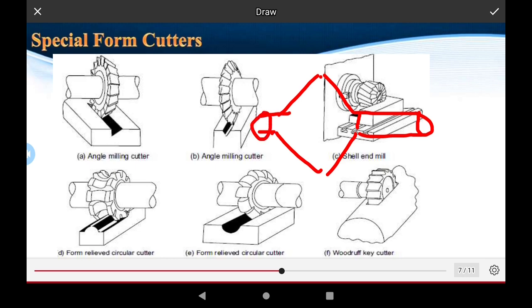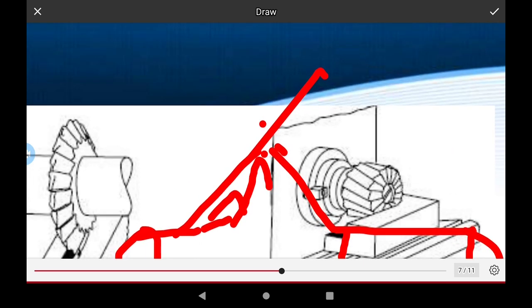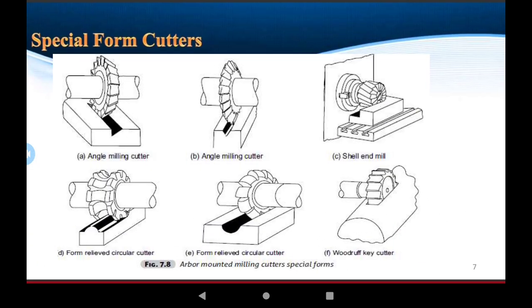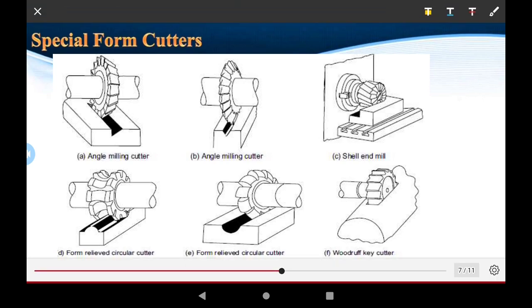Okay, this tool also cuts some angle forms and performs the operations, used for the very small angle milling cutter. Okay, this is the angle milling cutter, and some of the others are side and end mills.